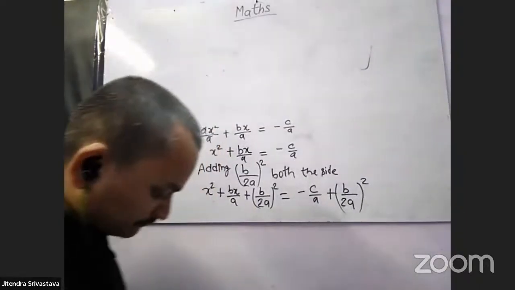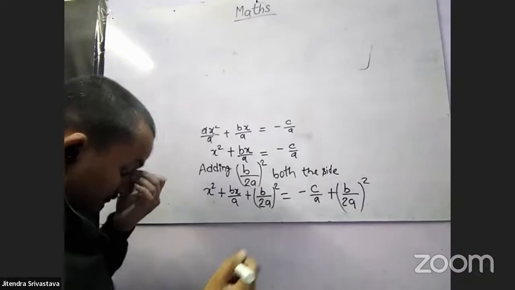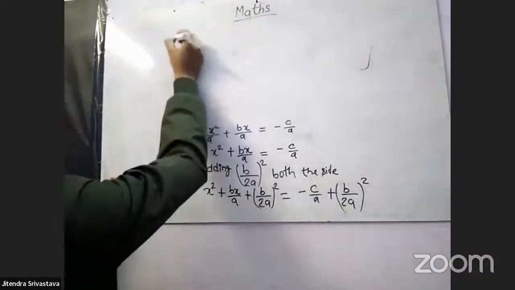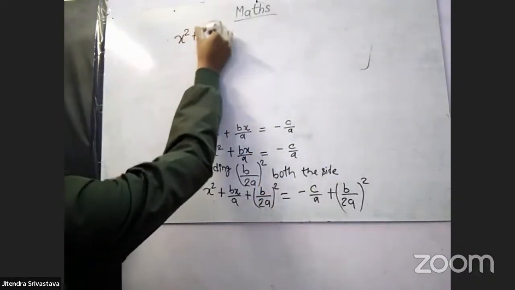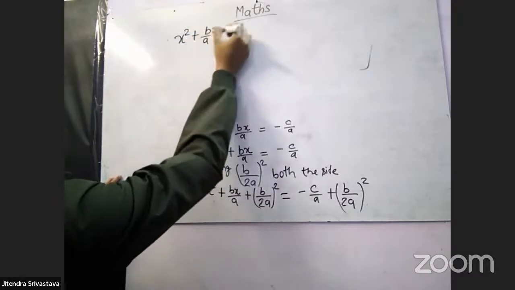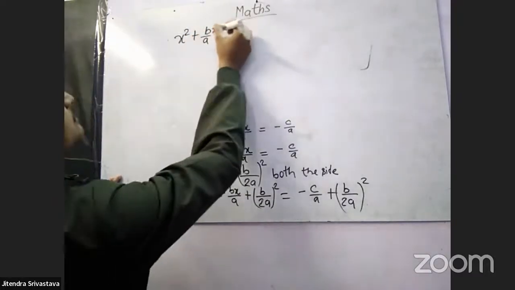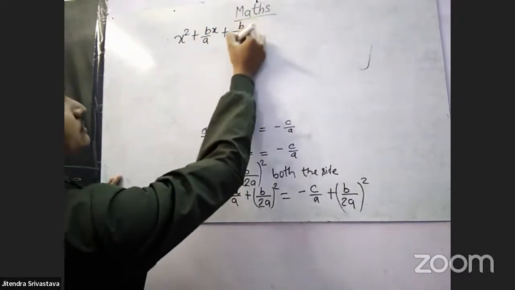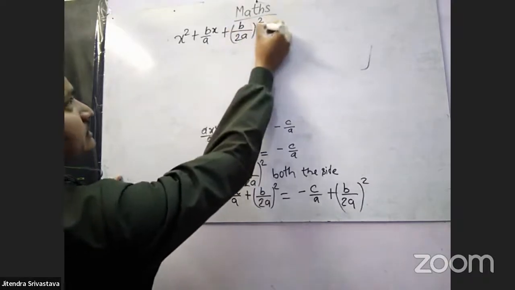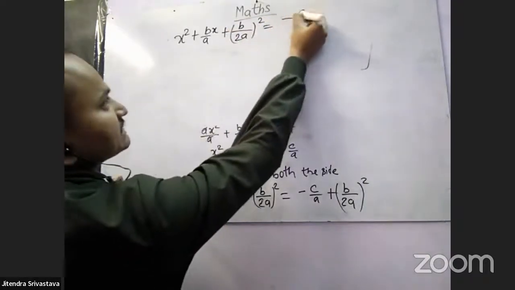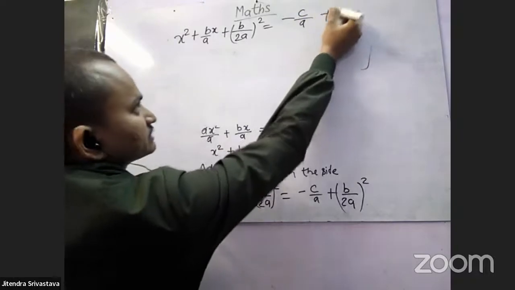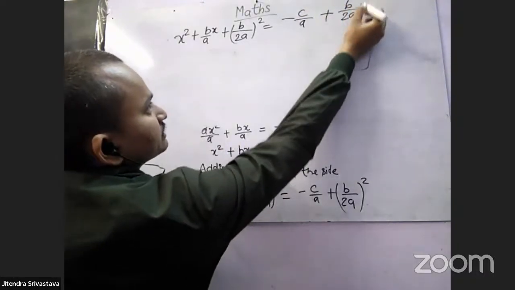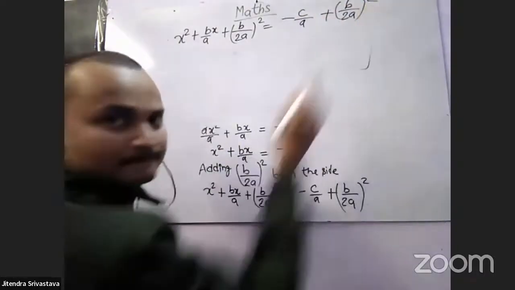Now, x square plus bx upon a plus b upon 2a whole square equals minus c by a plus b upon 2a whole square.